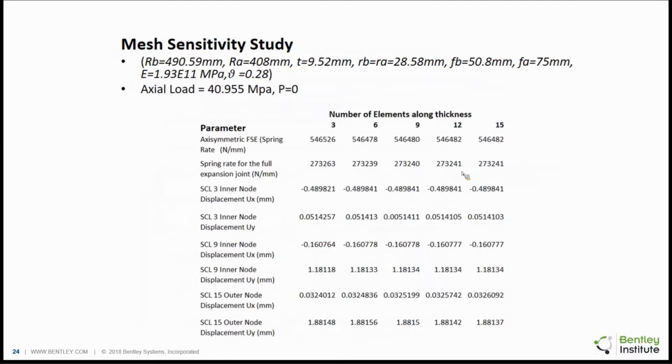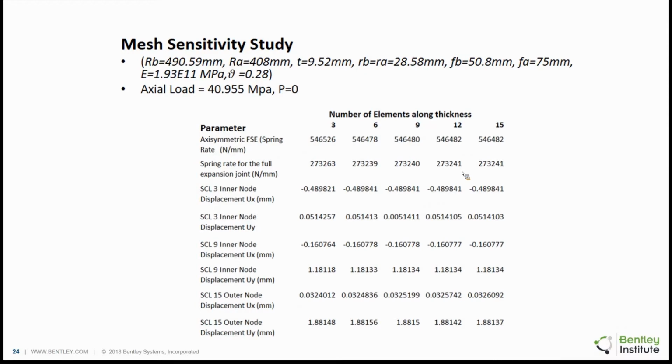In this case, we also did a mesh sensitivity study. A particular geometry was chosen, and there was an iteration method where the number of elements along the thickness was varied, starting from 3 elements and increasing in increments of 3: 3, 6, 9, 12, and 15 elements.